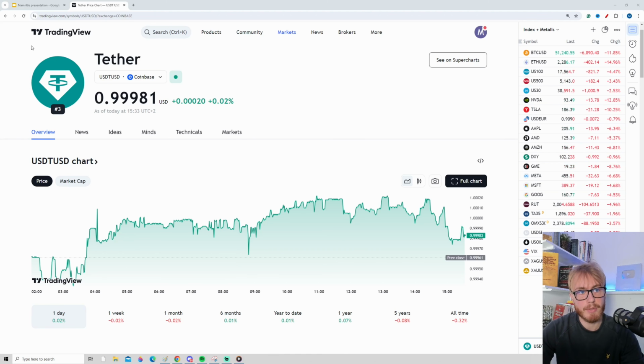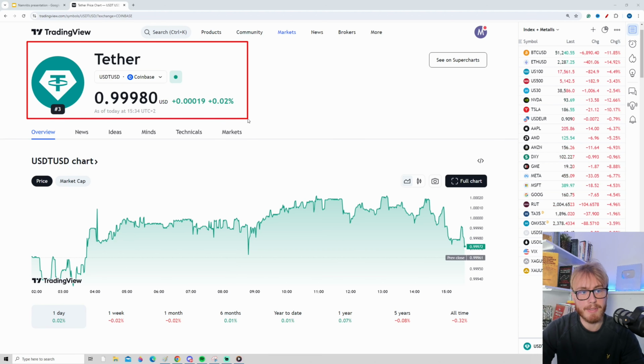So for example, right here we're looking at Tether, and you can see the price of 1 USDT. This is USDT measured in dollars, and you can see that the price here should be very close to $1. Right now Tether is $0.99974.